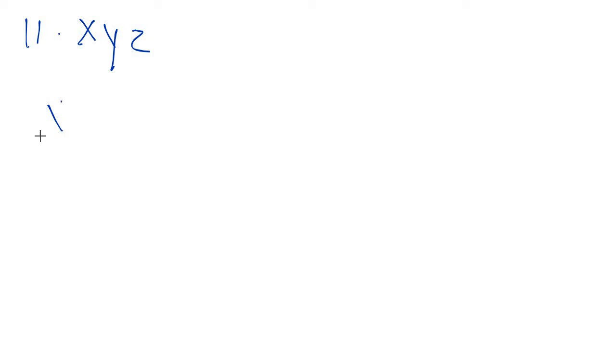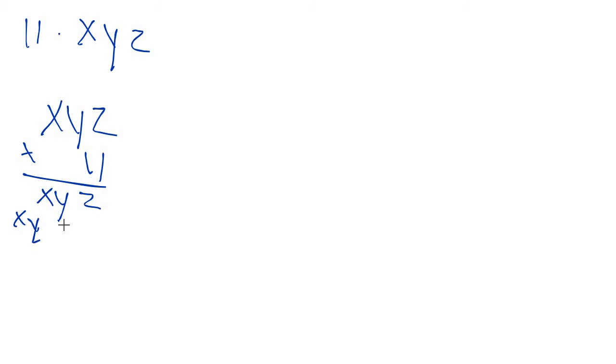So we'll do our normal multiplying as usual, times 11. So now that we multiply 1 by xyz, we'll get xyz, and then xyz, and then we just add them together. Of course, we already know how to do this.